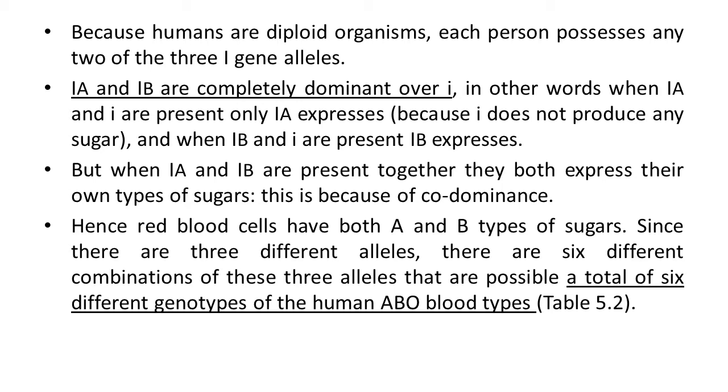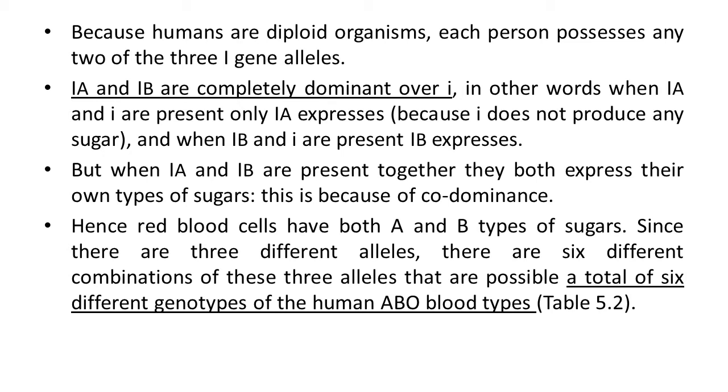So as per the routine dominance theory, the dominant can express itself, but the recessive in the presence of the dominant can't express itself. But the interesting point is that when capital IA and capital IB are both present together, they both express their own type of sugar, and this is because of the principle of codominance.